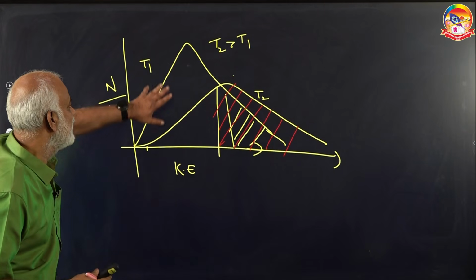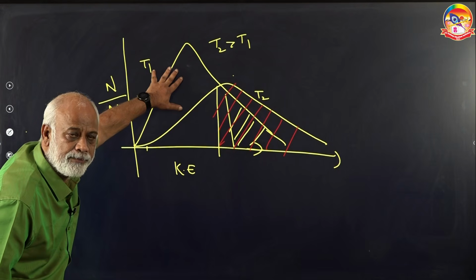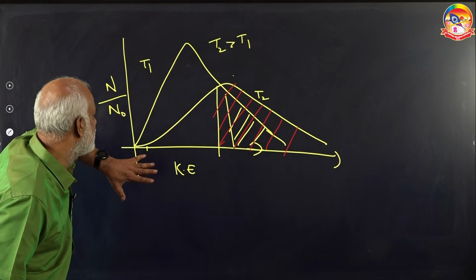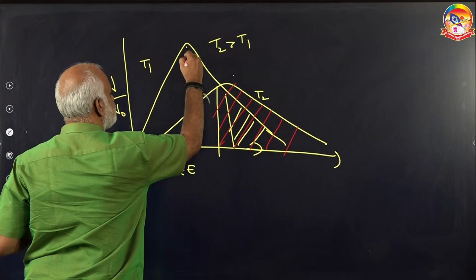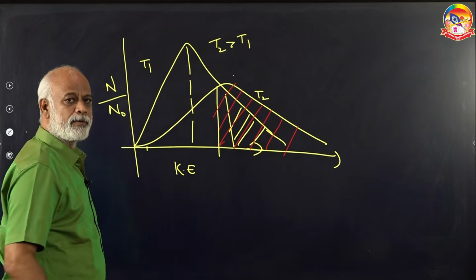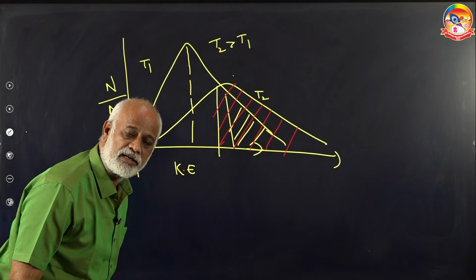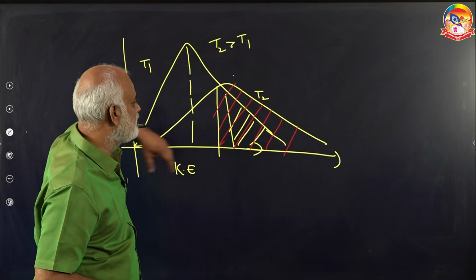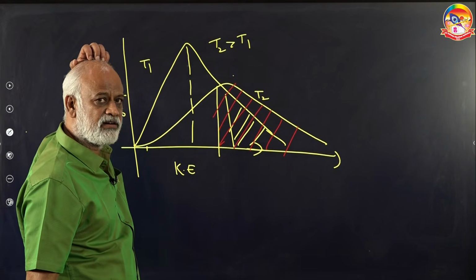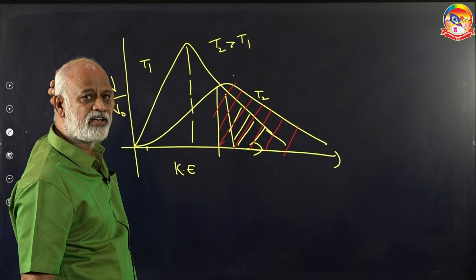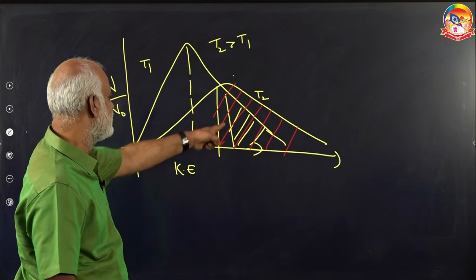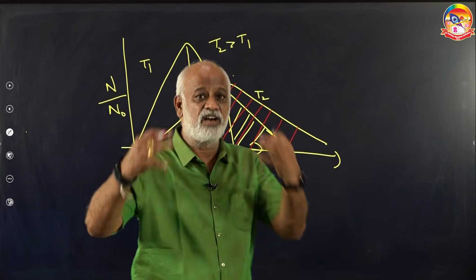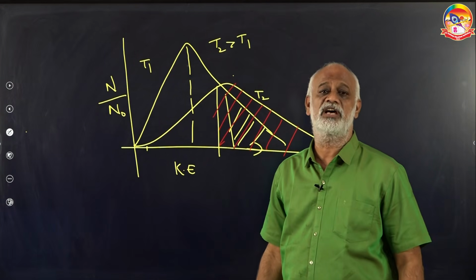At T1 the curve is steep, at T2 it is flat, and you can see very clearly this is called the most probable kinetic energy. The kinetic energy possessed by the maximum number of molecules. You can see very clearly the curve with red lines is the fraction of molecules with high kinetic energy. Compared to T1, in T2, the fraction of molecules with higher kinetic energy is more.